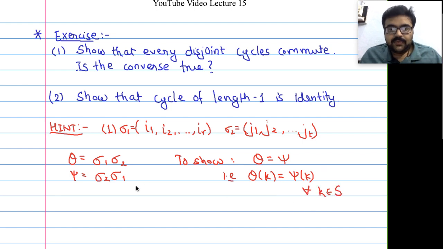There are three cases for k. The first case is k equals i1, i2, one of these up to ir. Another case is k equals one of j1, j2, ..., jt, and in that case also they are equal.